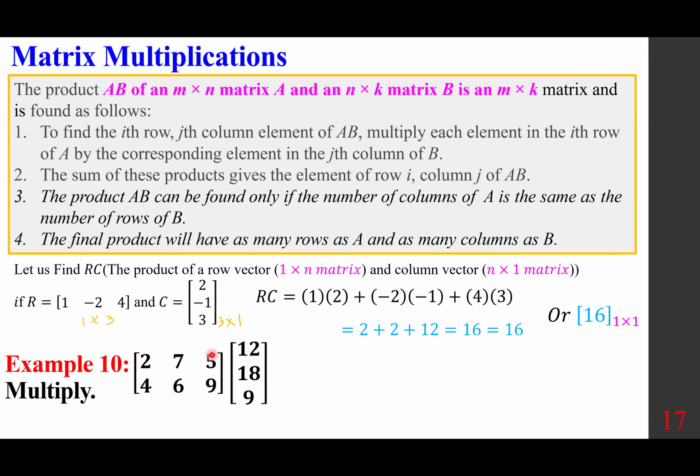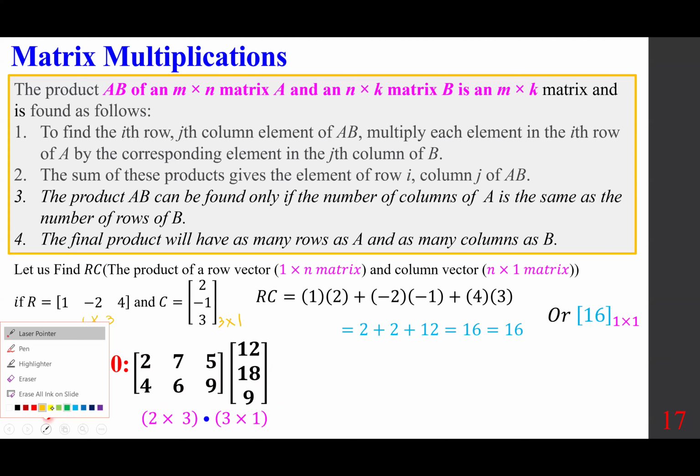So this one has 1 and 2 rows, 1, 2, and 3 columns. So this is 2 by 3. This one has 1, 2, 3 rows and 1 column. So this is 3 by 1. That's the first thing. So can we multiply them? Because these two are identical, yes, we can. So what would be the resulting matrix? The resulting matrix would be 2 by 1.